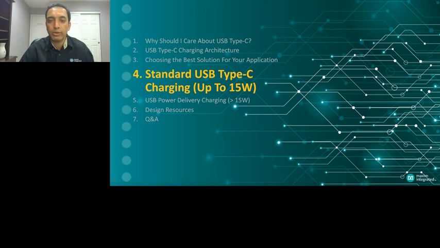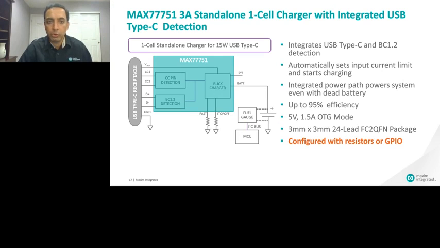Okay, so now let's look at some of the solutions available for low power, which is less than or equal to 15 watts of charging, that uses just the Type-C standard by itself. The simplest solution that is available today is the Maxim 77751, which is a 3-amp buck charger, which is completely standalone.